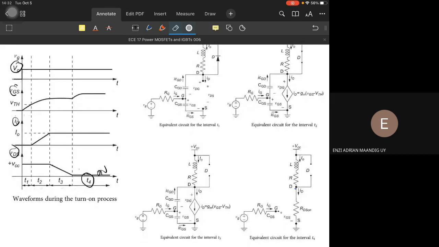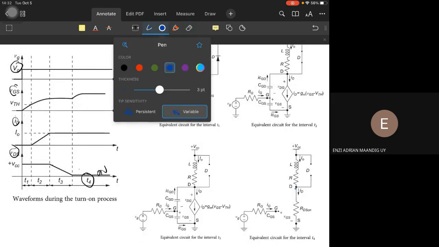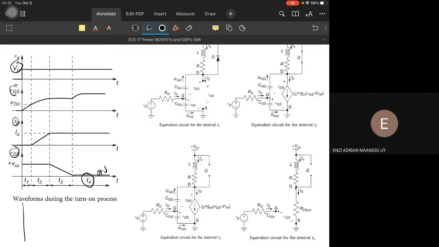Kung atong doing ng power consumption, again, ang power consumption is ang product sa current o voltage. So, 0 siya when, of course, one of either ID or VDS is 0.